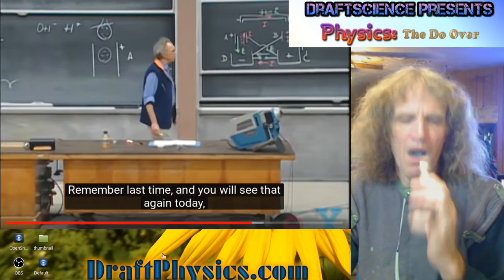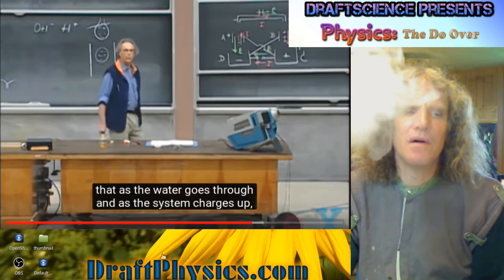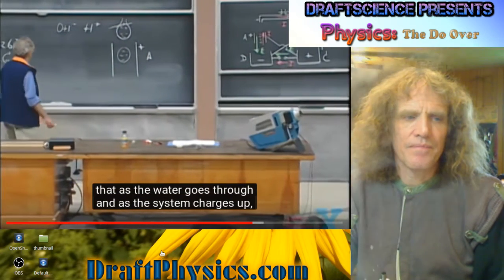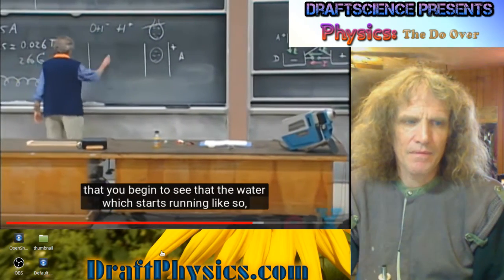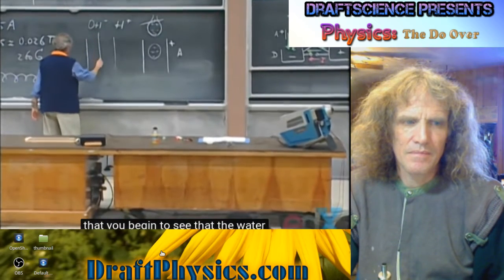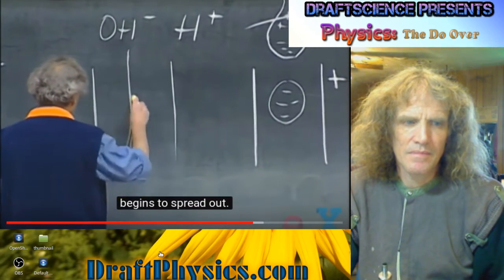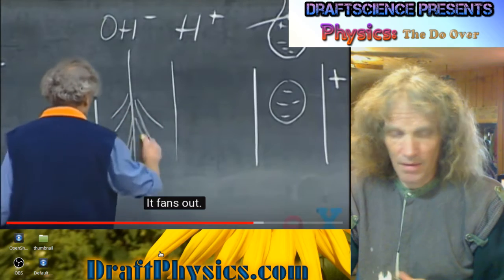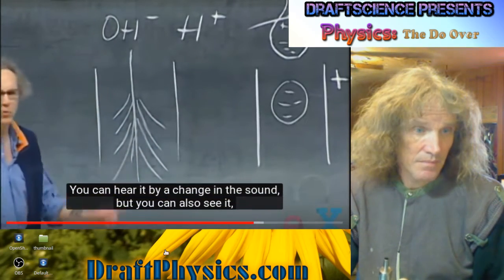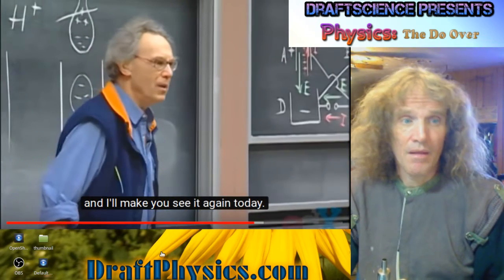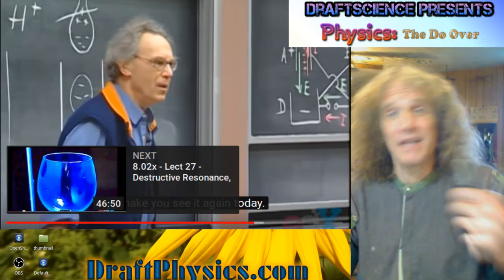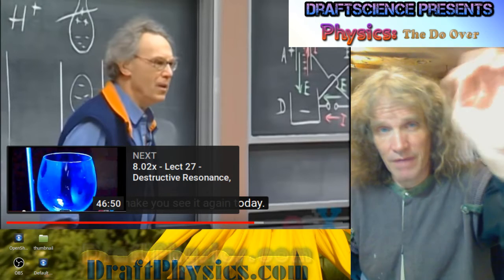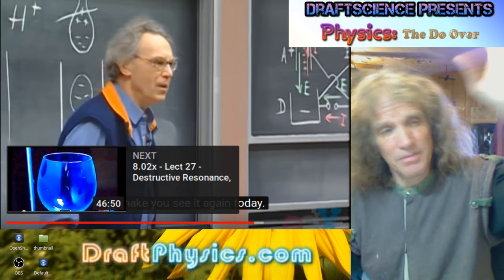Remember last time, and you will see that again today, that as the water goes through and as the system charges up, you begin to see that the water, which starts running like so, begins to spread out. It fans out. You could hear it by a change in the sound, but you can also see it, and I'll make you see it again today. It's no different than you being grounded next to the Van de Graaff with your tinsels, and your tinsels spread out.